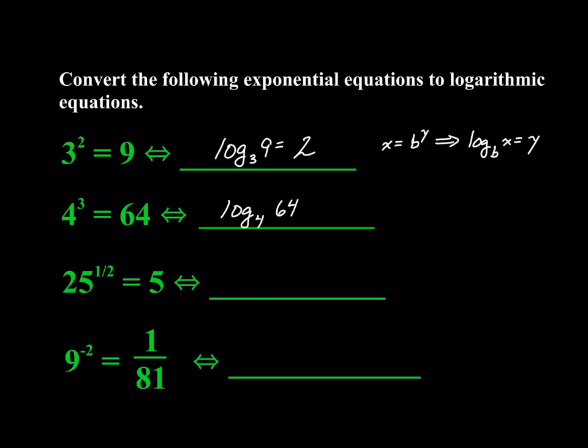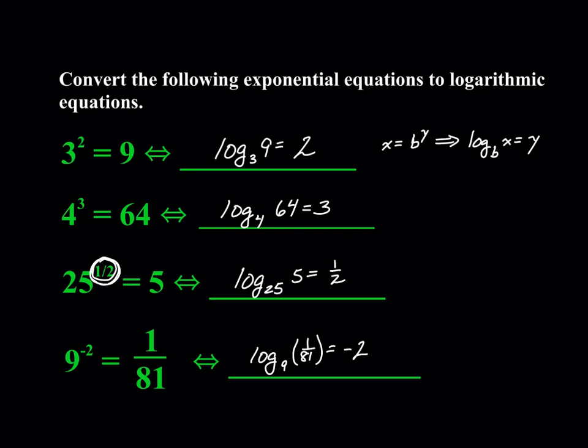All right, so the next one, doing the conversion, is log base 4 of 64 is equal to 3. The next one, log base 25 of 5 is equal to 1/2. And then lastly, log base 9 of 1/81 is equal to negative 2. Now, remember, when you have a 1/2 power, that means the same thing as a square root.